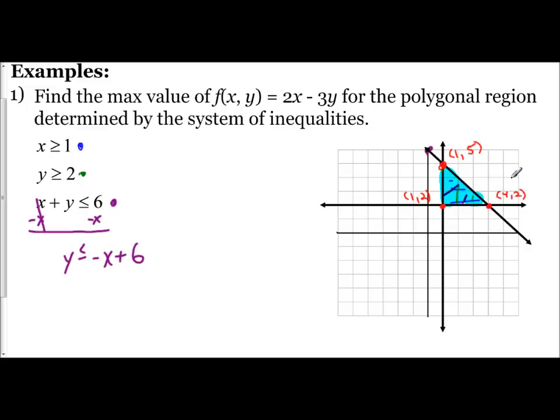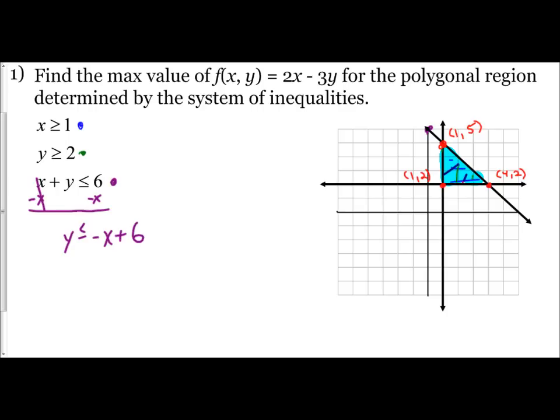So what I do is use these vertices and plug them into the function f(x,y). This is a coordinate, x comma y inside parentheses, so I plug my x and y values of the coordinates into the function to determine the value.